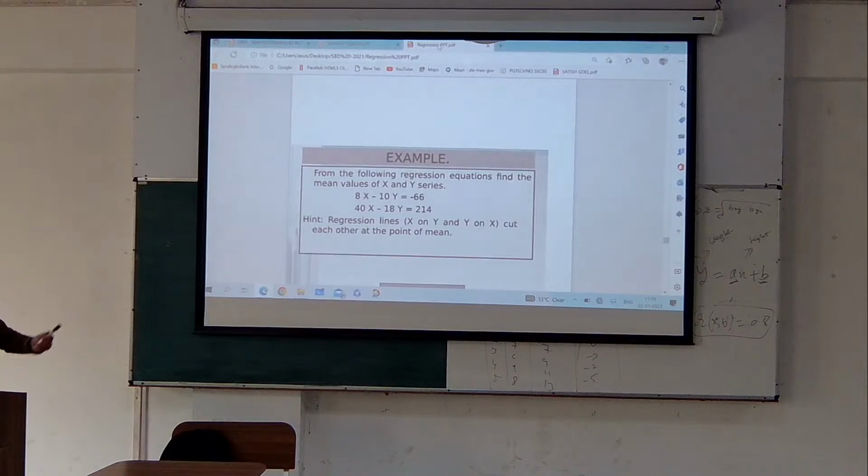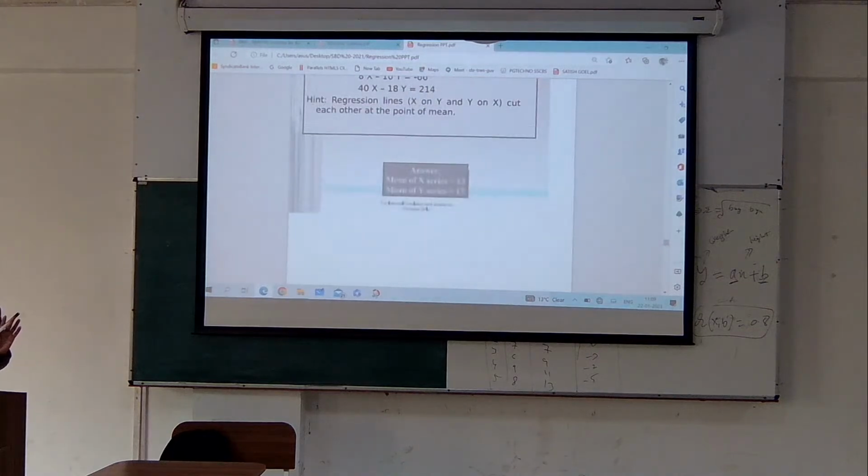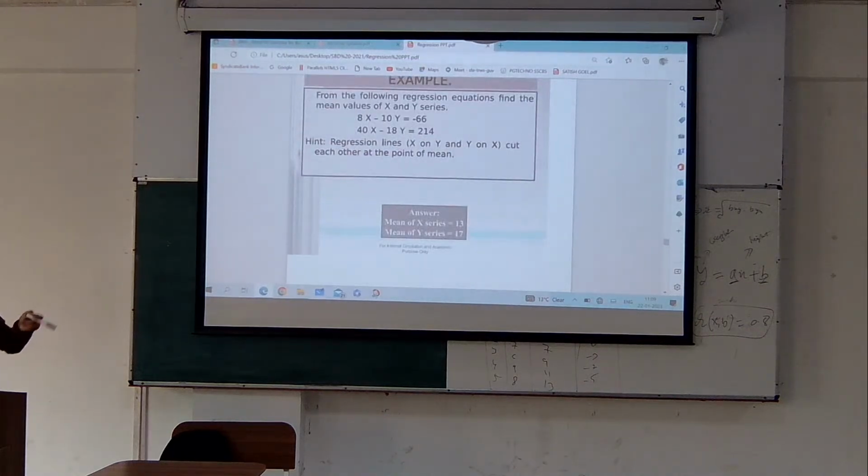So if you have to find the mean of x and y, just solve these two equations and you can find the mean. So 13 and 17 would be the means. If you solve these two, x bar would be 13 and y bar would be 17.